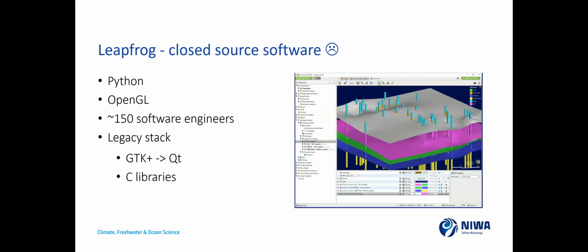You can see another screenshot of it here. It's written in Python, uses OpenGL. At the time I left, it employed about 150 to 200 software engineers, and I was part of the much smaller research team, like 10 to 15 across the entire business. And the company has been around in some form or another since 1995.